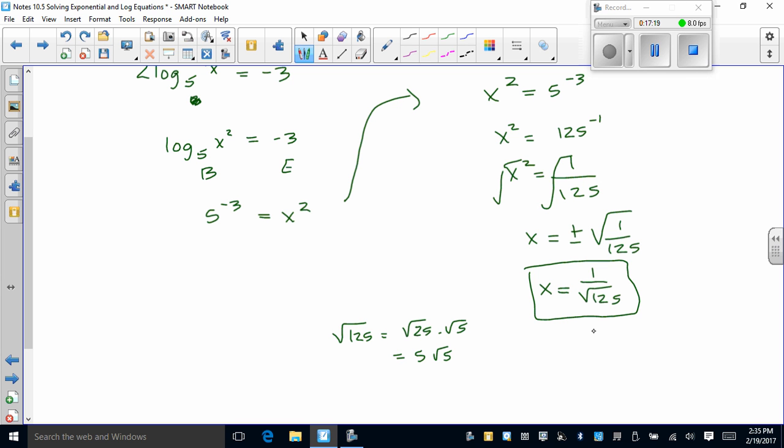And then if you multiply top and bottom by square root of 5, you'll get the square root of 5 over 25. Because square root of 5 times square root of 5 is 5, and 5 times this 5 gives you 25. I'm okay with this answer. I'm not testing to see if you can take radicals out of the denominator.